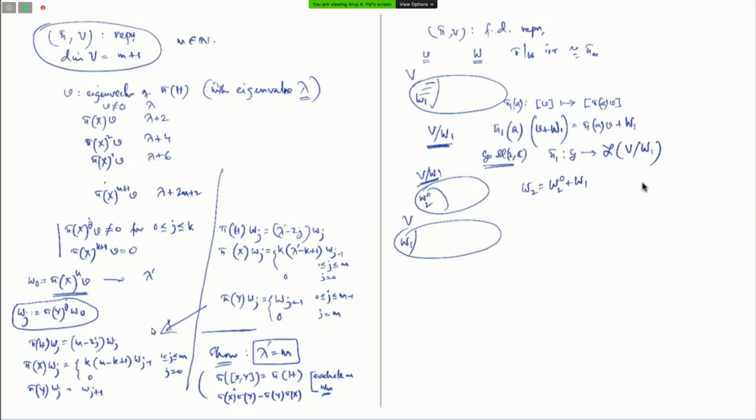So that W2 naught would be of the form W2 by W1, so W2 is this entire thing. That is the notation I want to use. So W2 by W1 gives you W2 naught. Similarly, you will get W3. So W3 would be this entire thing.